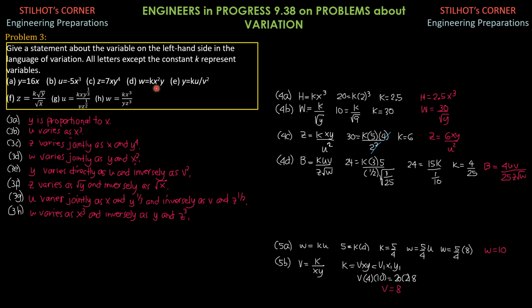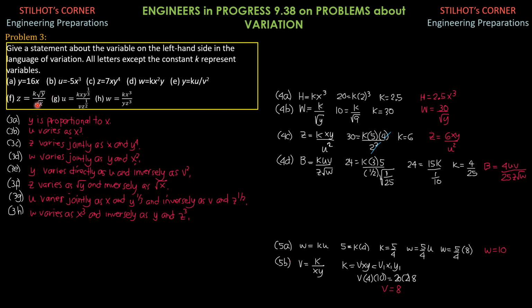Then 3E, w varies directly as u and inversely as the square of v.